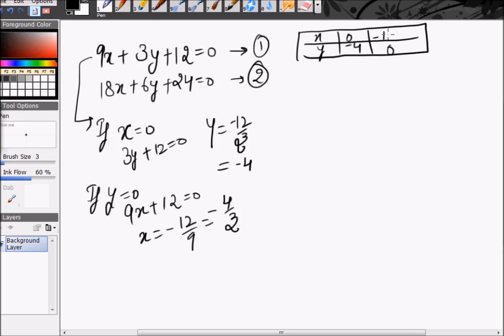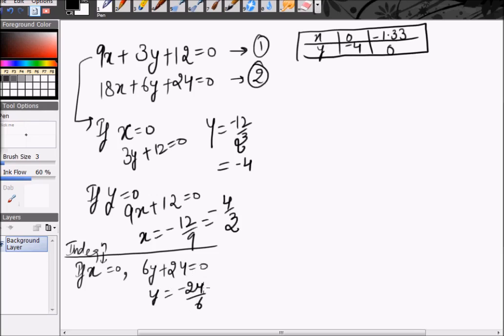or minus 1.33. For the second equation, if x equal to 0, we have 6y plus 24 equal to 0, or y equal to minus 24 over 6, which is minus 4.